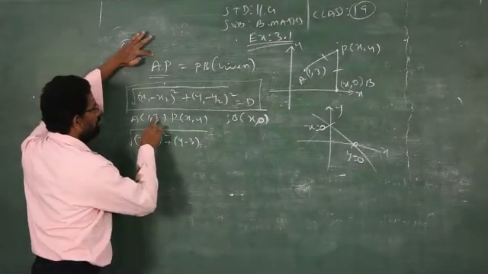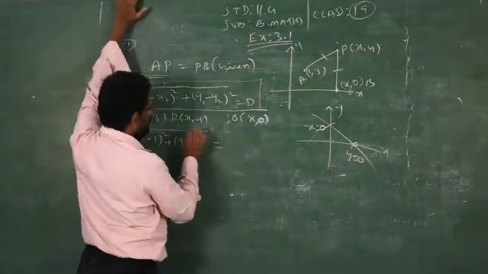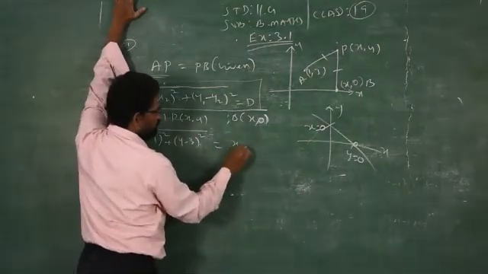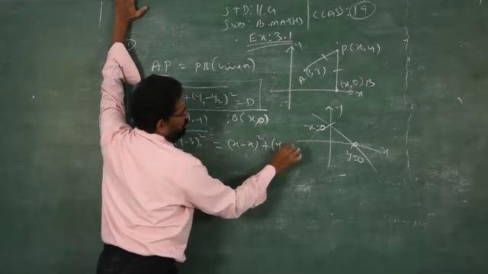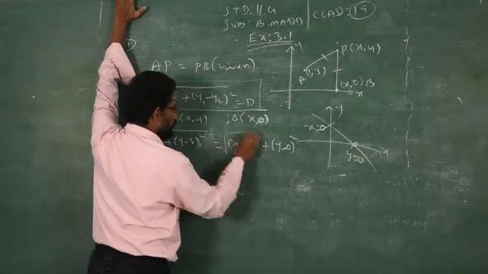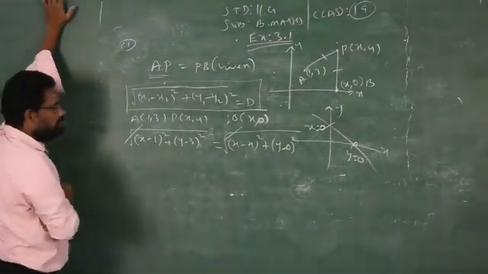(y minus 3), I applied this formula, the whole square, is equal to the right side, again (x minus x) the whole square plus (y minus 0) the whole square, all under root. On both sides the square root and square root get cancelled.